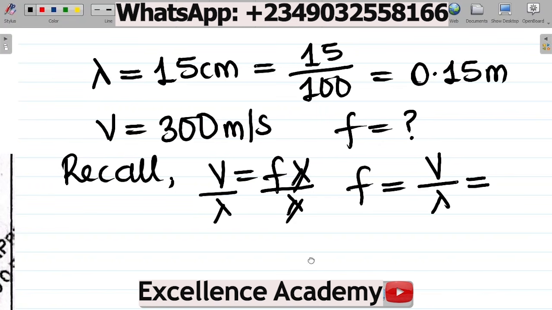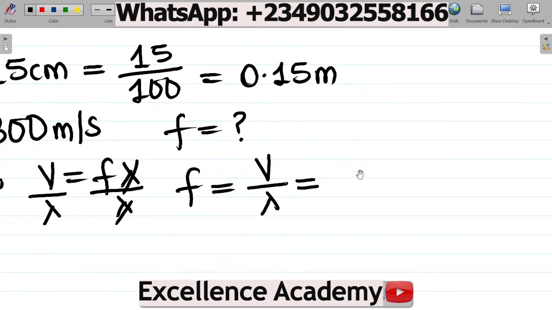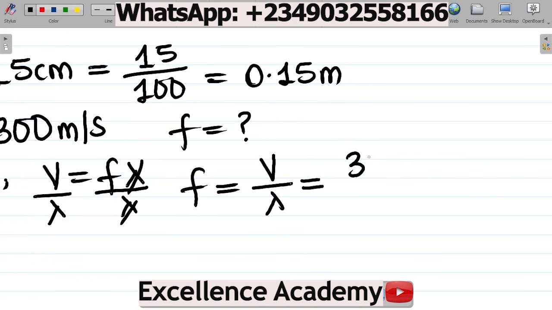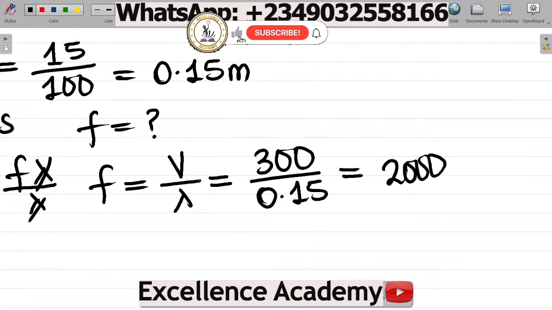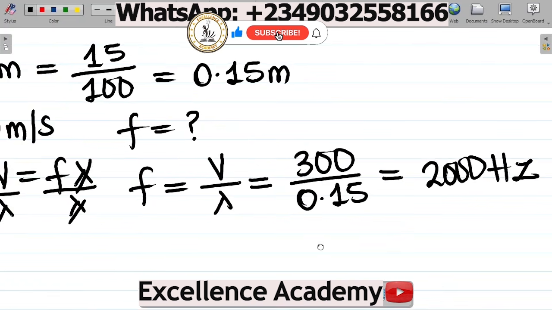The value for the velocity is 300, all over 0.15. If you punch this correctly, 300 divided by 0.15, the answer there is 2000. We have to find frequency. Frequency is measured in hertz. So it becomes 2000 hertz.